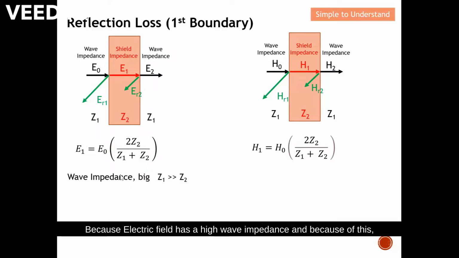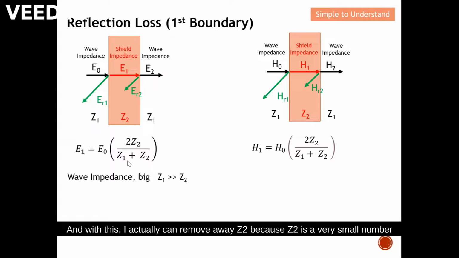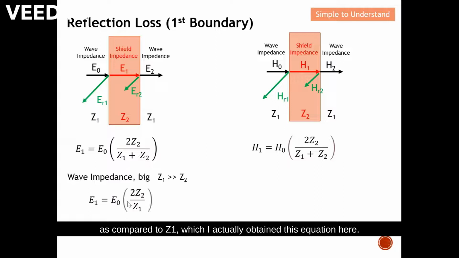Because the electric field has a high wave impedance, I assume that Z1 is many times bigger than Z2. With this, I can actually remove Z2, because Z2 is a very small number as compared to Z1, and I actually obtained this equation here.